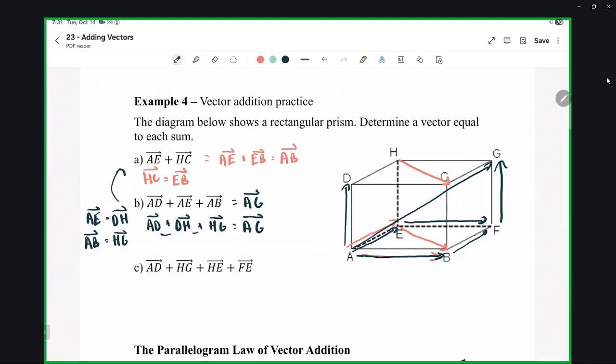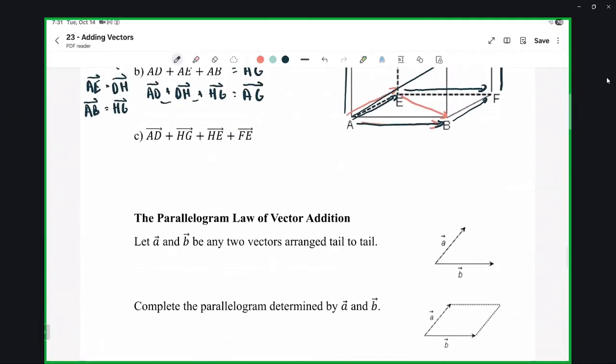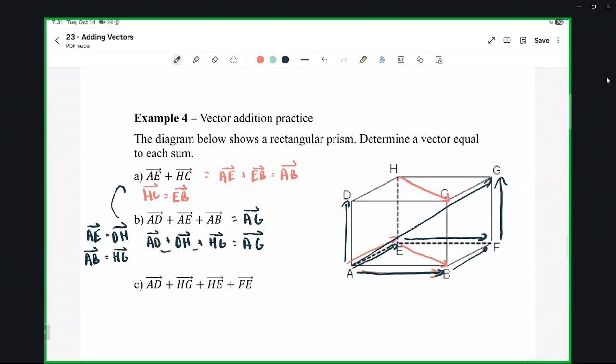Okay, so there's plenty of ways to go ahead and sketch these. Sometimes it's easier to think about the physical interpretation of these and either say, you know what, I want to apply the parallelogram law, which is what we apply below, or I can just use equal vectors.